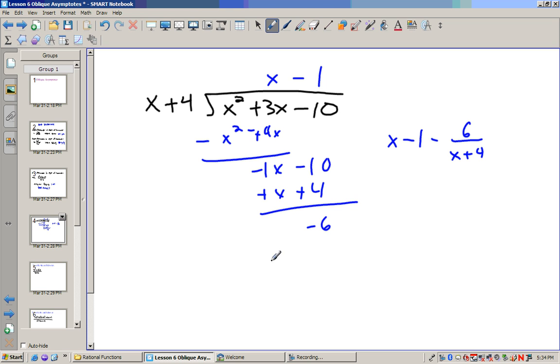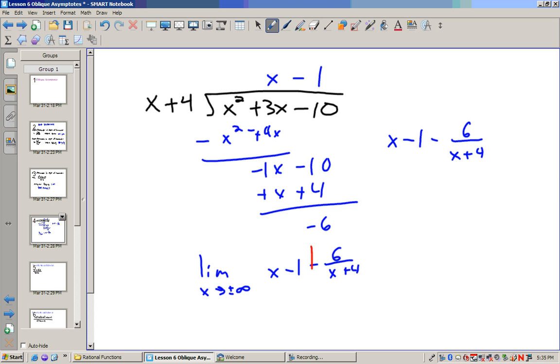Now, think about this. The limit as x goes to positive and negative infinity of x minus 1 minus 6 over x plus 4. Now what's going to happen to this part of the function as x gets really, really big?